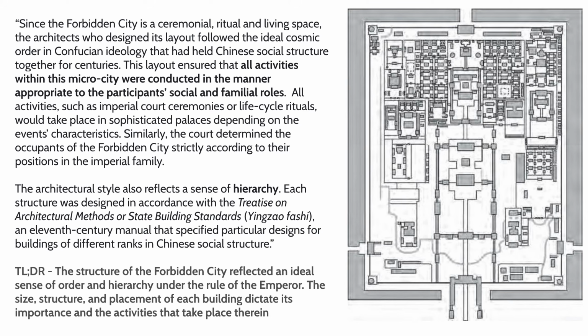I also include a too long didn't read down here that essentially says the structure of the Forbidden City reflected an ideal sense of order and hierarchy under the rule of the emperor. The size, structure, and placement of each building dictates its importance and the activities that were supposed to take place within it. So think of it as a microcosm. It is a mini universe where the emperor can have control over every little thing that is happening within this little universe.